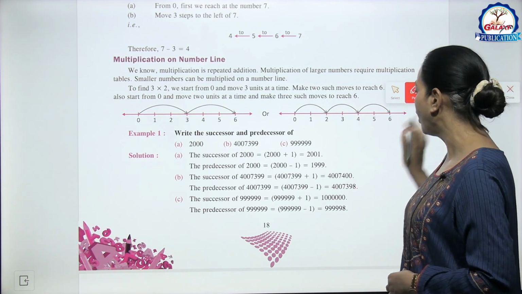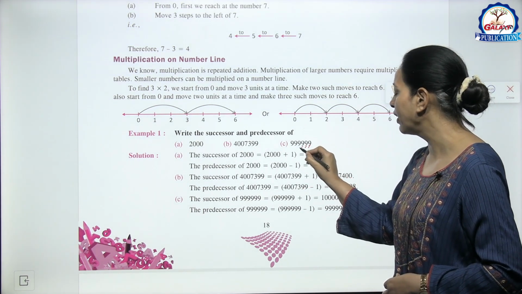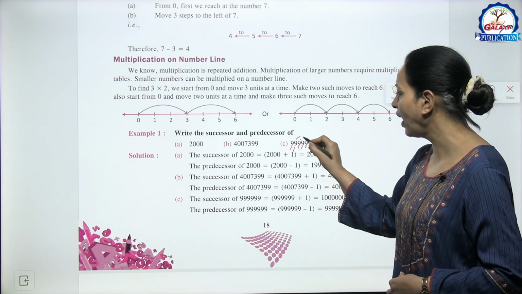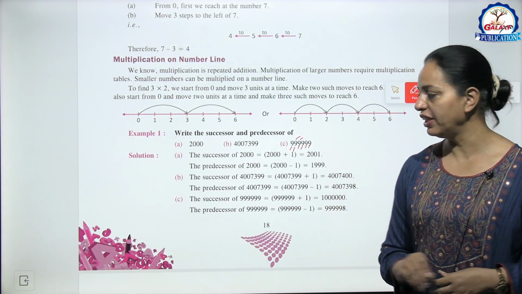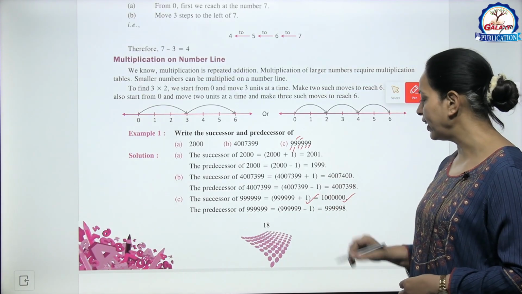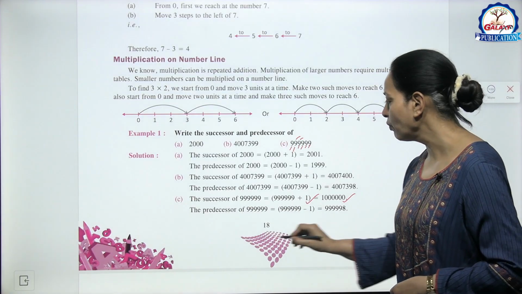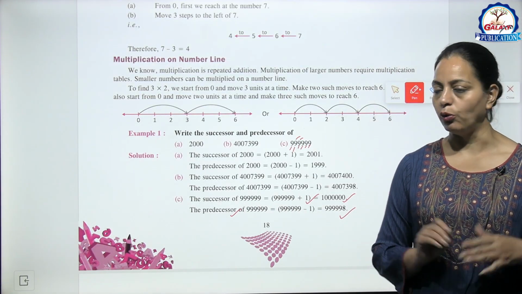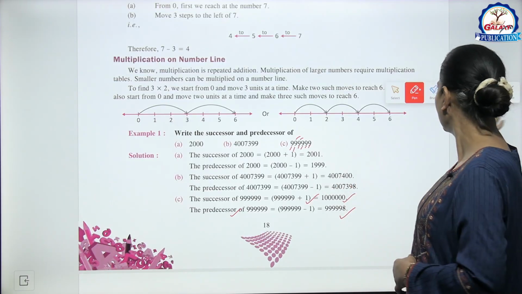Now C part, this is ones, tens, 100,000, 10,000, lakh, 9 lakh, 99,999. Its successor plus 1. So we are getting this number. Minus 1 कर देंगे, predecessor आ जाएगा. This is the value, right? I hope this is clear to you.